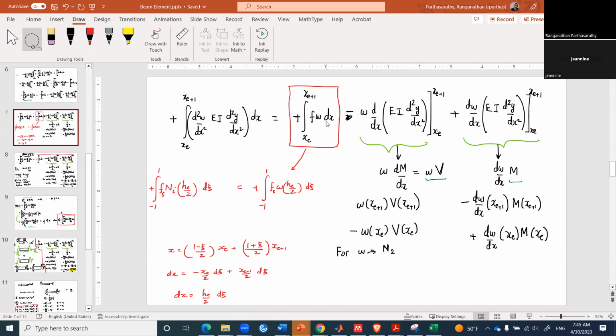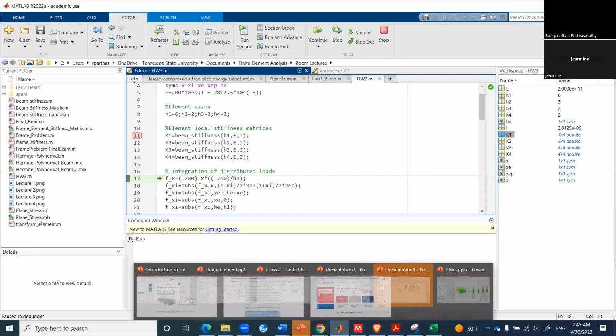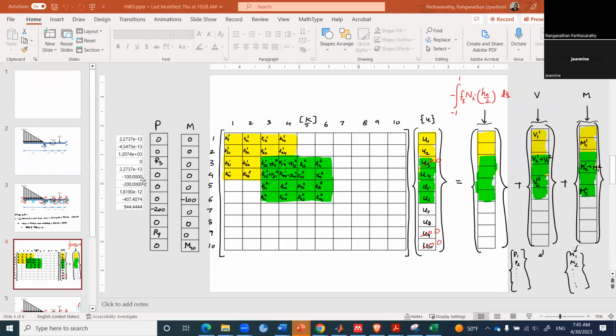So we change dx to h_e/2 d psi. And now the weight function should be in terms of psi, and f also should be in terms of psi. So then we substitute f(x) is this, right? Linear, it goes from negative 200 to 0.